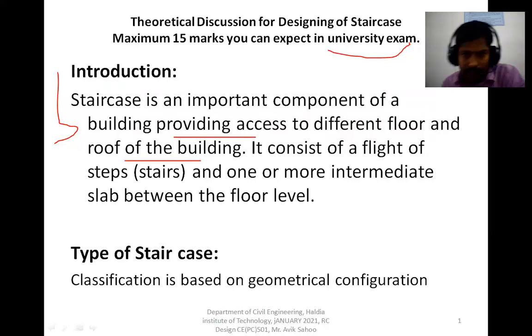Now in general the staircase consists of flights and steps. A step is basically raised over a flight, and there are one or more intermediate slabs. In the dog legged type of stair, one intermediate slab is used, but in the open well stair, more than one intermediate slab is used.